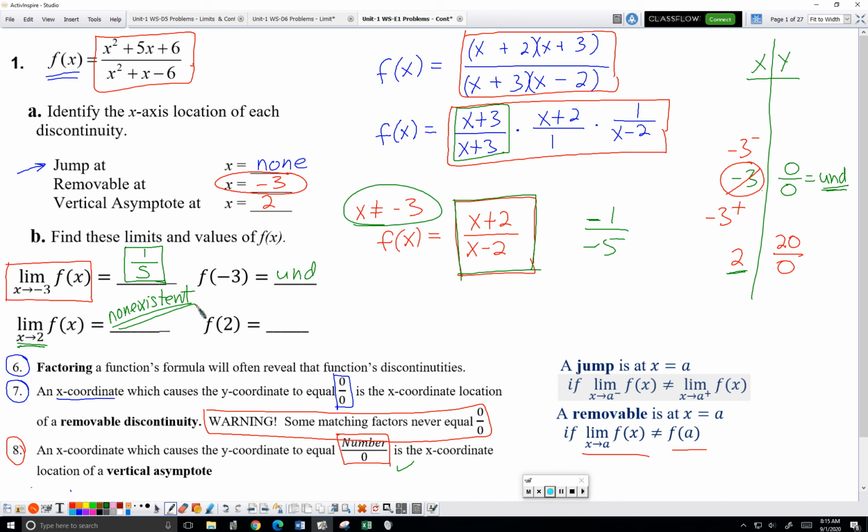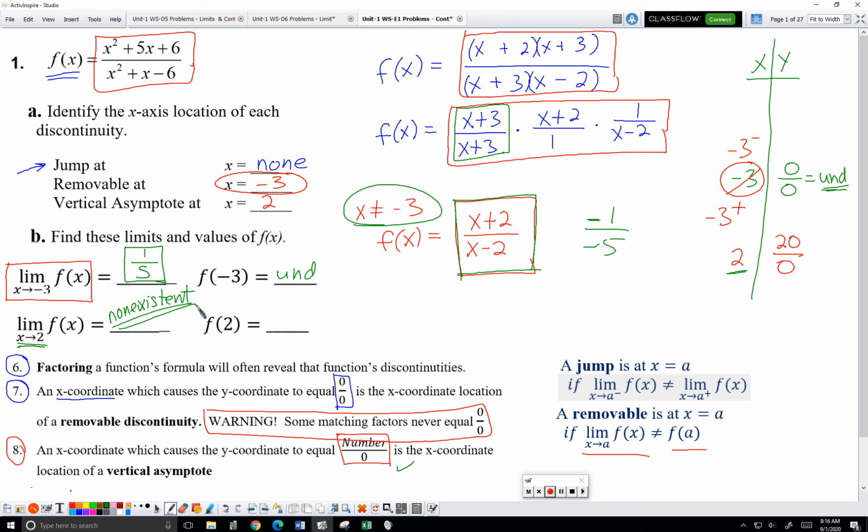A limit only exists if the left-hand limit and the right-hand limit are the same. A function exists only if you can compute the actual number. I don't know, I go round and round. I'm not sure why they chose to make them different. That's just what they've done. So I just follow the pattern, but 2 points. Anybody else?